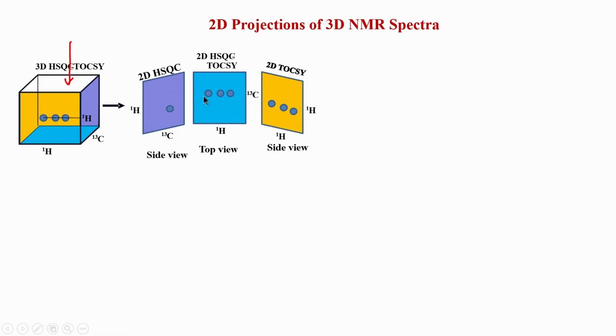In carbon they are all collapsed into one, because there was one diagonal peak and the other two were cross peaks. As I mentioned in the previous class, you have different projections which were originally two or three separate experiments, but now they are combined together and recorded in a single experiment.